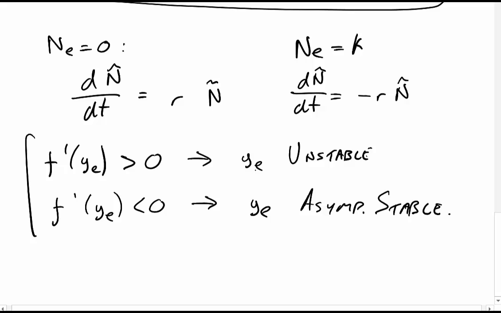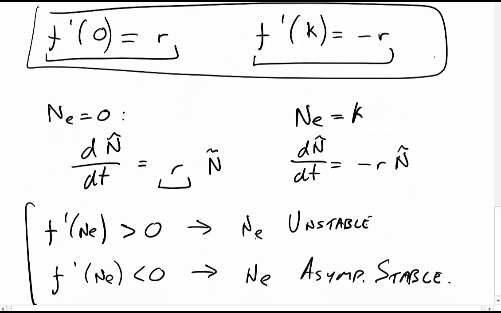So what have we got here? Well, let's look here. So now my function is, in this case, so when ne equals 0, if I just replace this ye with ne now, so my equilibrium point, it's no longer y, it's now n. So my derivative of my function at my equilibrium point, so when n equals 0, is r.